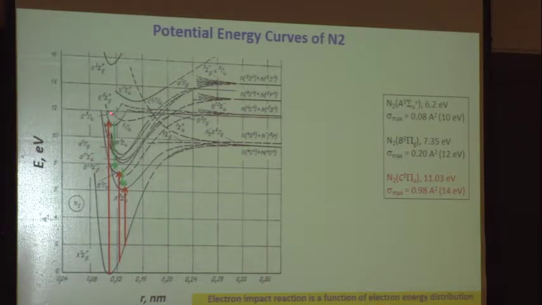When we generate a C state, it can relax to the B state and generate emission. You can use this emission to measure the nitrogen plasma temperature, the ABC state. So it is very different between oxygen and nitrogen. If you want to work on oxygen, you need a weak plasma. If you want to work on nitrogen, you need a strong plasma. This is something you probably don't learn in combustion.